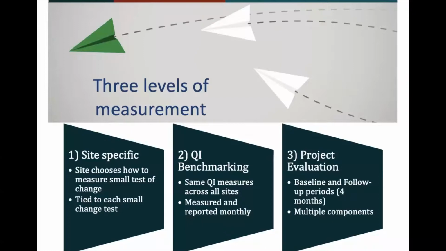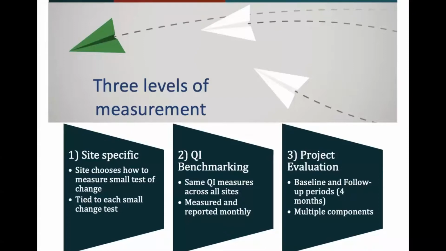They just figured out how to move so that they can get those goals of care conversations going with people within 30 days of coming back from a hospital. How did they do it? And that site's going to say, yeah, we did this. It's working for us. So that's the purpose of the benchmarking. And this is a monthly report, and that's, as I said, mostly what we're talking about today.